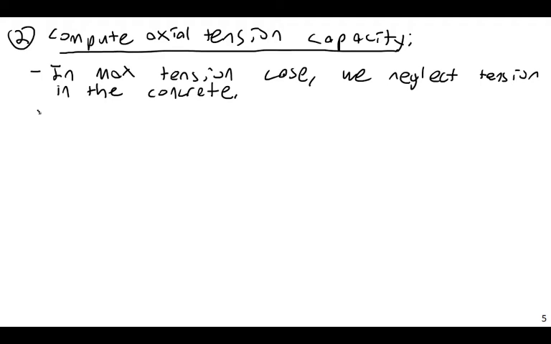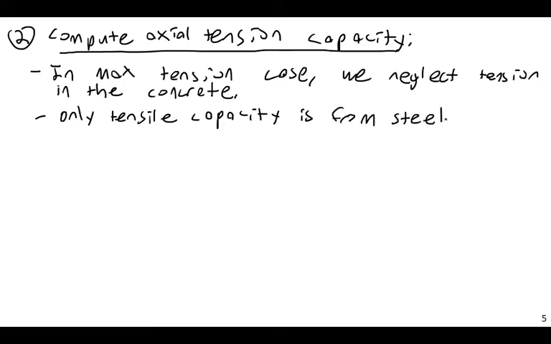So the only tensile capacity comes from the steel. And then I want to find the axial load, and here again, in this case, we will also have no flexural load, or no moment.